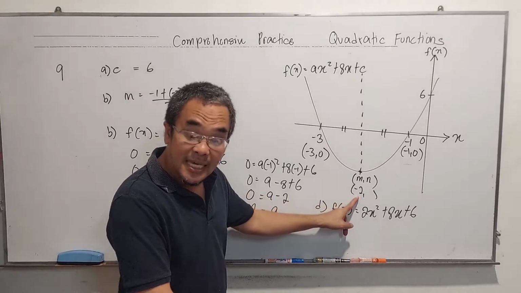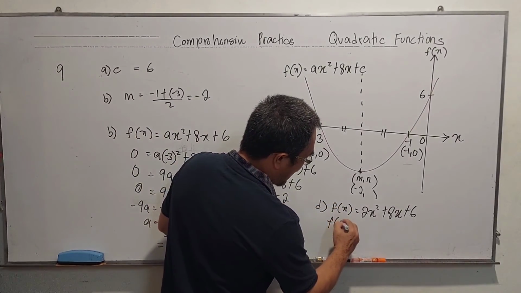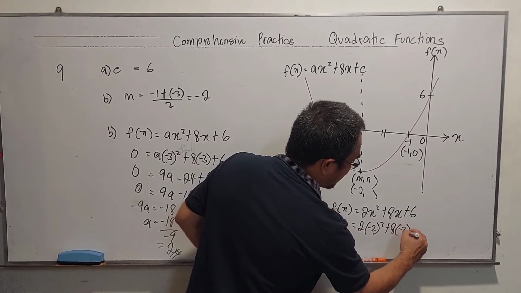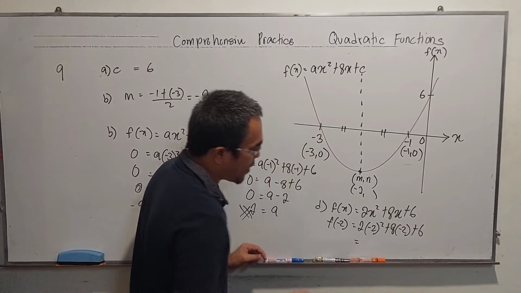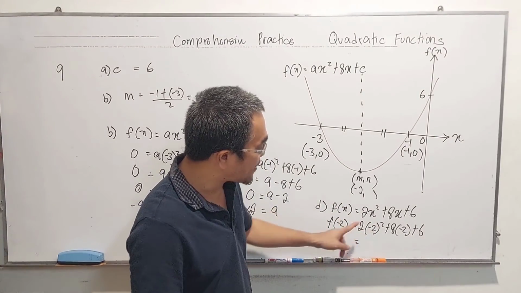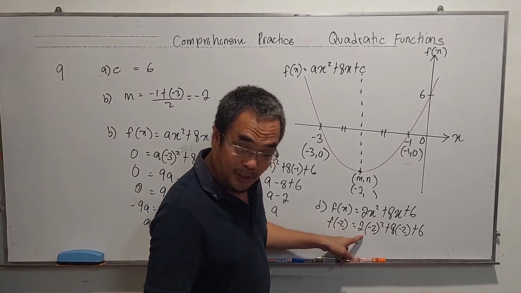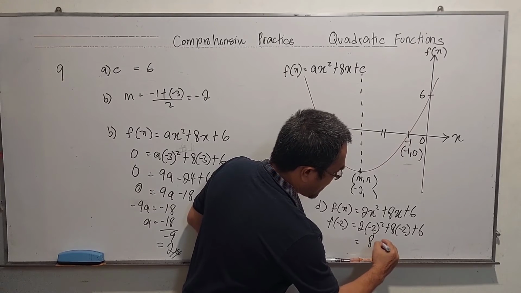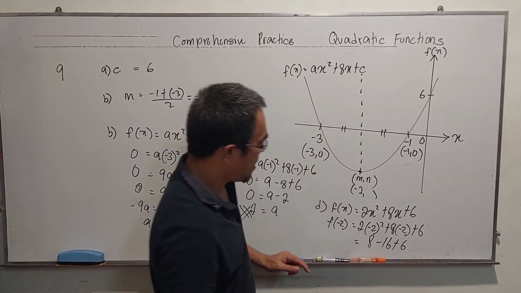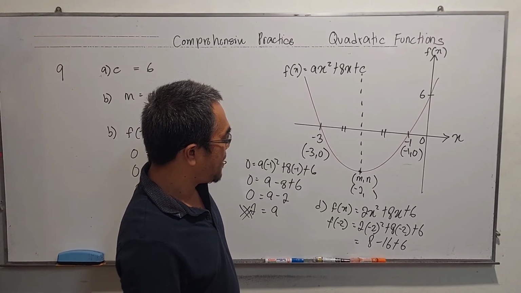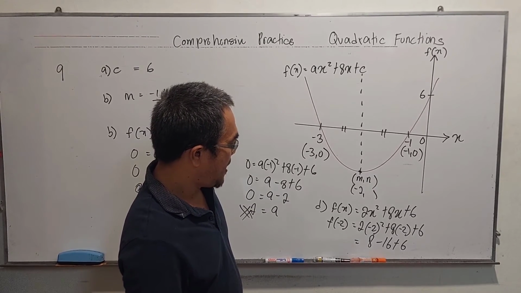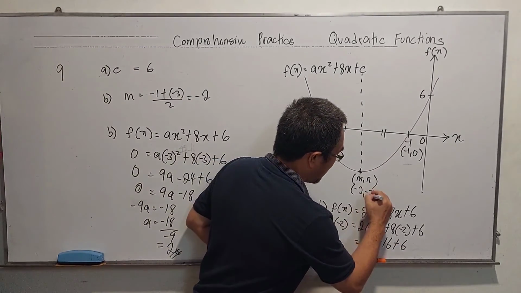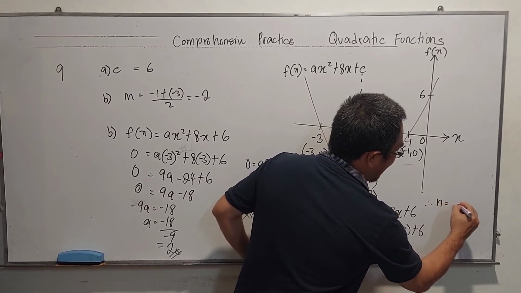In this case x is -2, so f(-2) equals 2 times -2 squared plus 8 times -2 plus 6. -2 squared will be 4, 4 times 2 will be 8, positive. And 8 times -2 is -16, so 8 minus 16 plus 6. 8 minus 16 will be -8, and -8 plus 6 will be -2. Therefore n is -2.